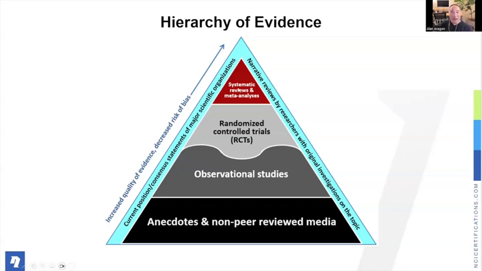So at the very top, we've got systematic reviews and meta-analyses. The goal of systematic reviews and meta-analyses is to look at the research from an aerial view, look at the body of evidence, look at the pool of studies of a given topic, and see where the evidence leans, if it even leans in a particular direction. So that's the goal.